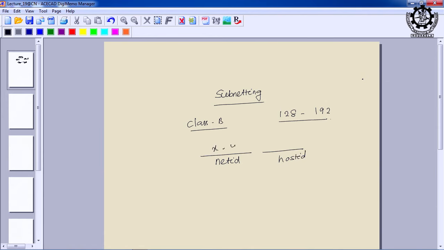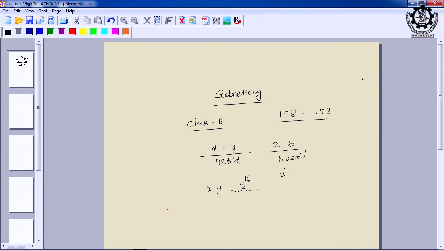So, x dot y identifies the net ID, and let us say a dot b identifies the host ID. Now, in this network, this address scheme can contain how many hosts? 2 to the power 16, which is quite large, right.